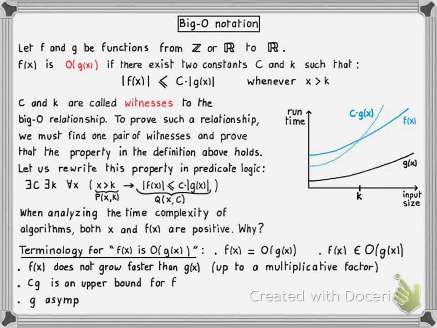And the last way I want you to think about this relationship, which is very common, is to say that g dominates f. Meaning, again, g is an upper bound or is larger than f. But this is only true for large values of x. And so the word that is usually used for that is asymptotically. Meaning when x grows large enough or goes toward plus infinity. So g dominates f is a simple way of thinking about this relationship. F of x is big O of g of x.